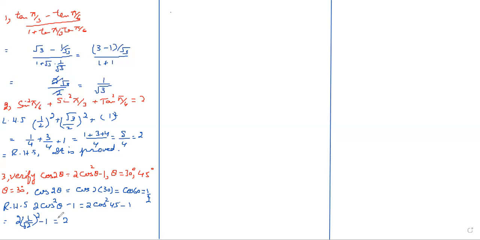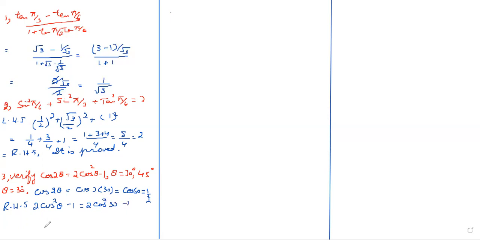Oh, sorry, we are doing 30 degrees. Okay, just wait, 30 degrees. It is root 3 over 2. It is not 45, we are doing 30 degrees.